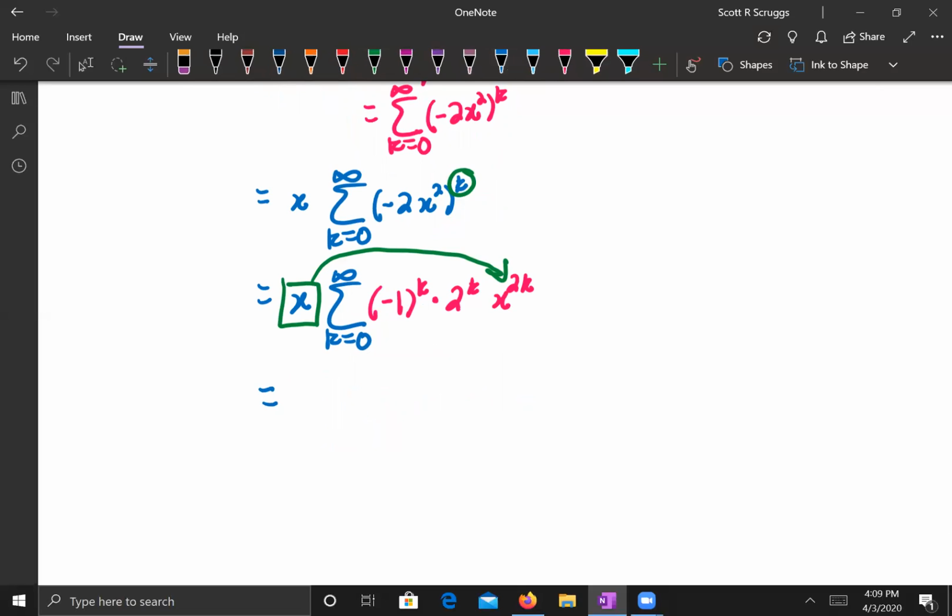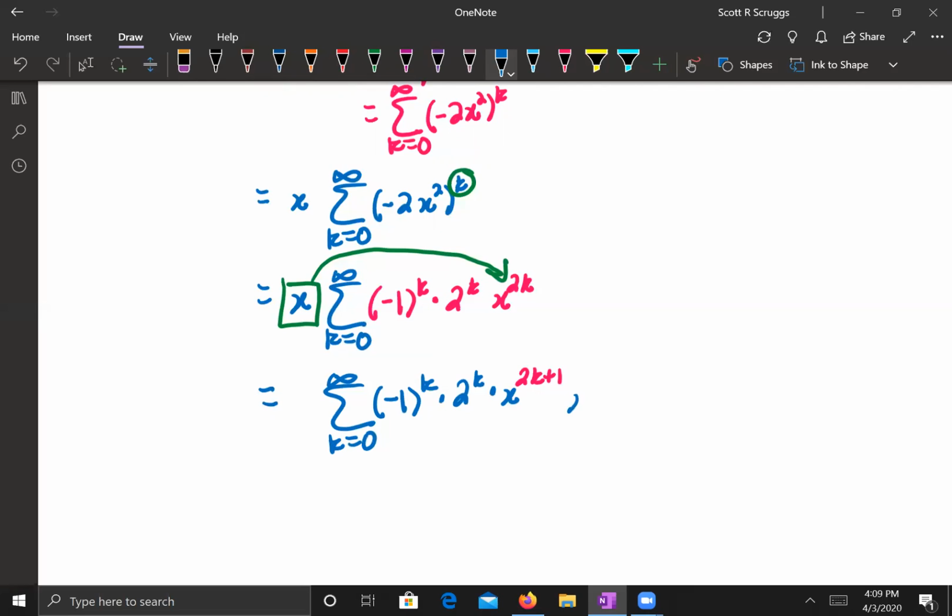Let's try to write that again. The sum as k goes from 0 to infinity of negative 1 to the kth power times 2 to the kth power times x, but now raised to 2k plus 1.